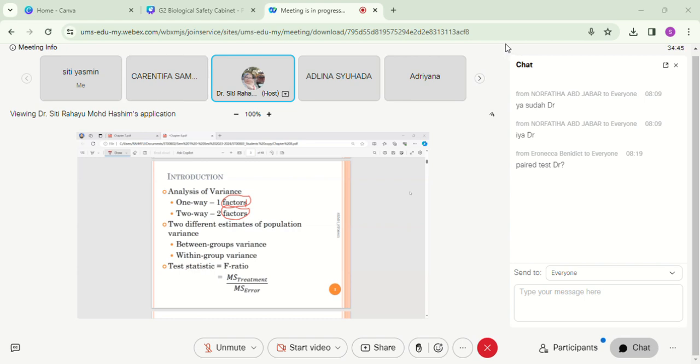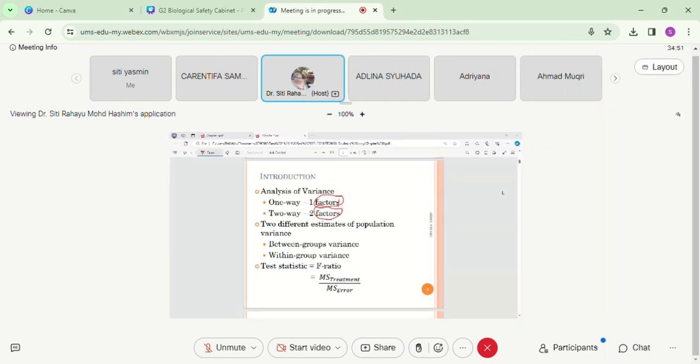Right. Okay. That is the correct answer. The test statistic for t-test is the T statistic. So in ANOVA, we use the F ratio statistic. F statistic. So this is the test statistic for the ANOVA.